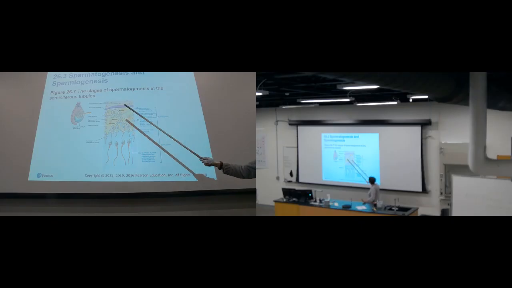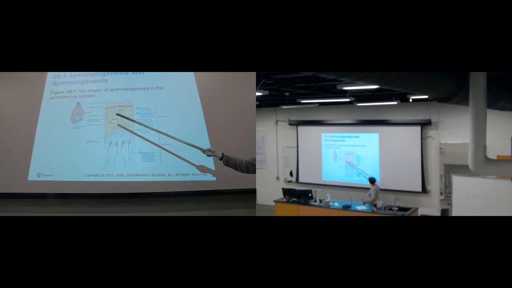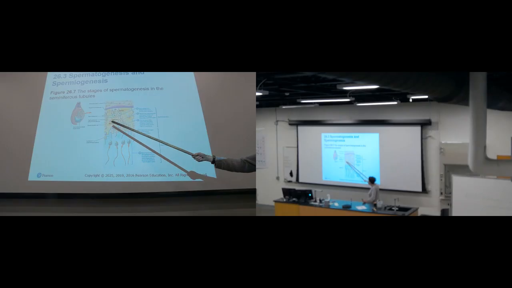This primary spermatocyte enters meiosis I, and it forms 2 secondary spermatocytes that now have 23 chromosomes each, and then at the end of meiosis II, you end up with 4 spermatids that have 23 chromosomes each. So these will be haploid cells.